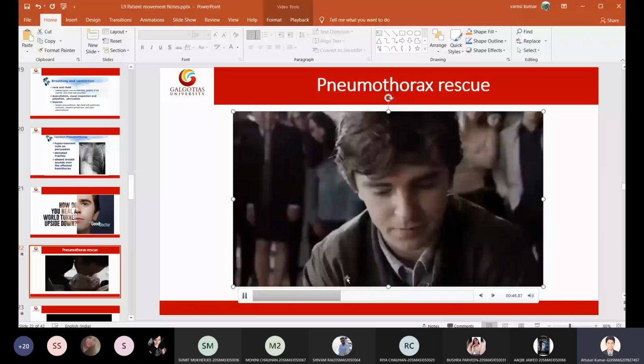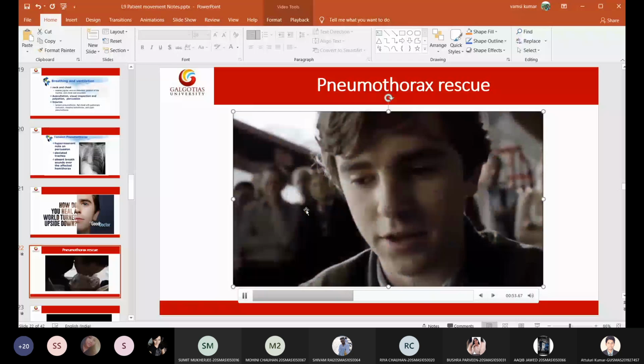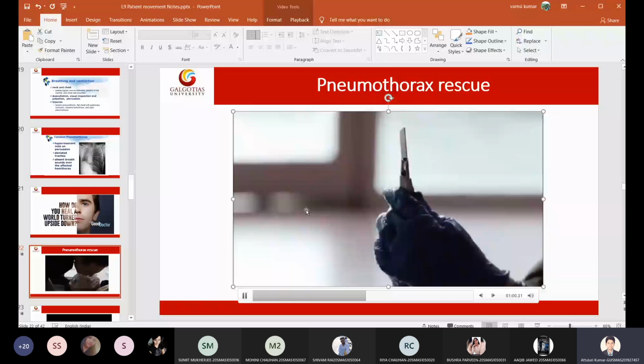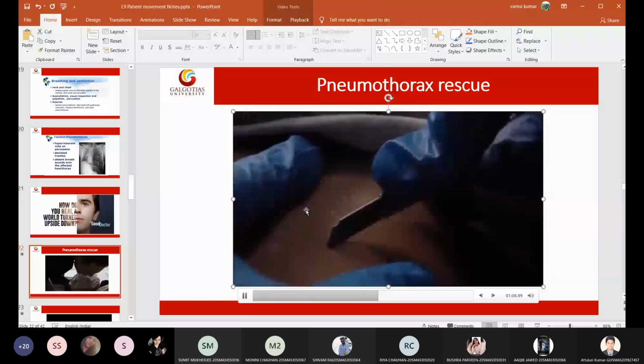So he suspected pneumothorax in the left lung. So he took a needle. Since he's a trained doctor, he knows where he needs to insert, but this is not for everyone. So the air will be removed.